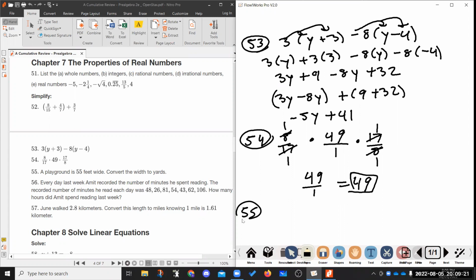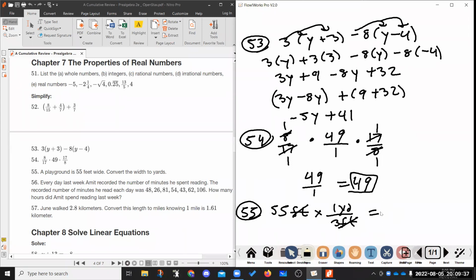55 asked me to convert 55 feet to yards. There's 3 feet in 1 yard. Feet needs to go across from feet so that they cancel. Yards is what I want to keep.